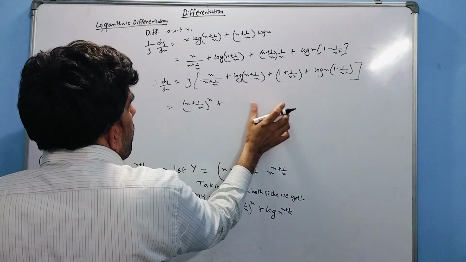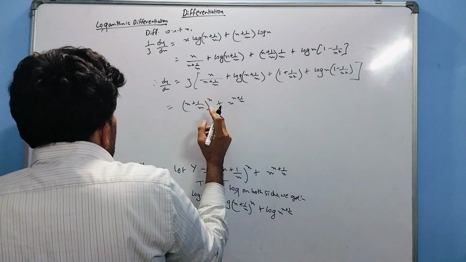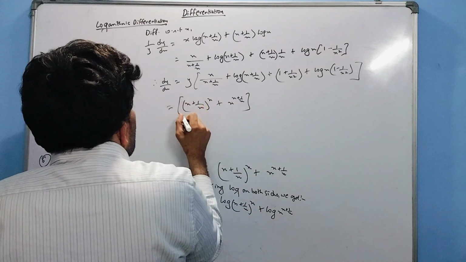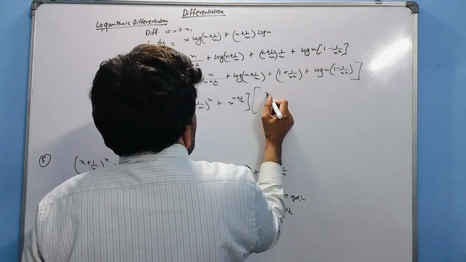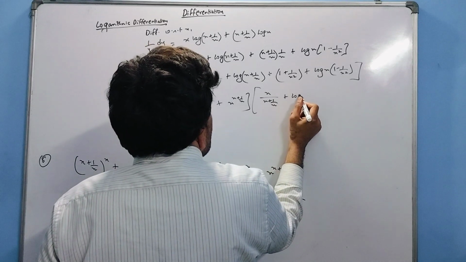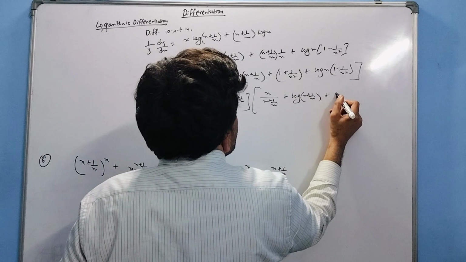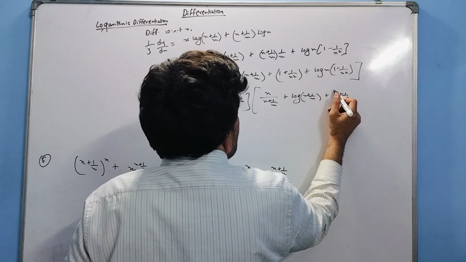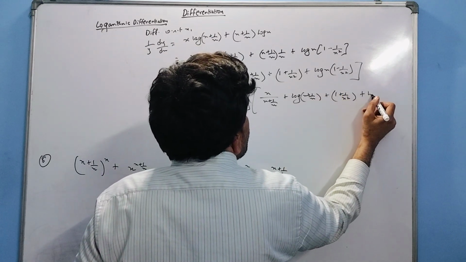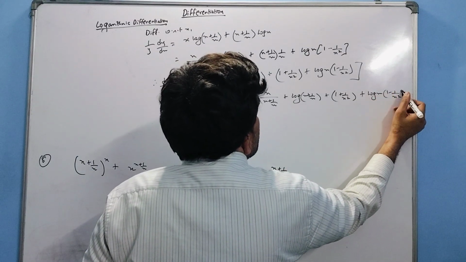We have this x is power x plus 1 upon x. Okay. So now we have this x upon x plus 1 upon x plus log of x plus 1 upon x plus 1 plus 1 upon x square plus we have log x 1 minus 1 upon x square.